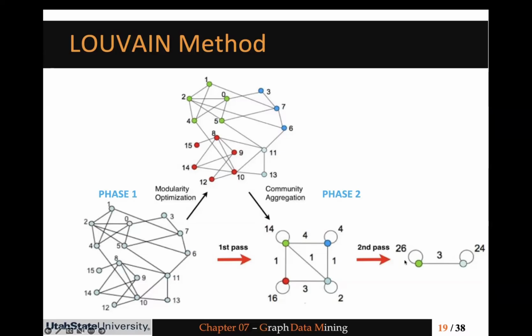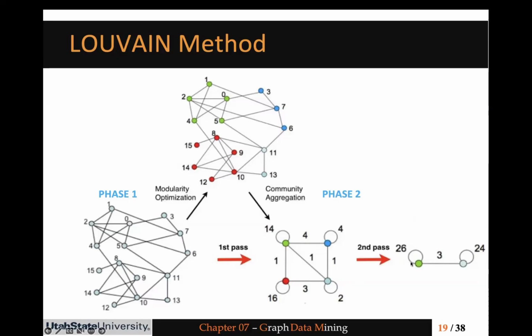If you compute the past modularity using the community aggregated graph versus the modularity of this new condensed graph after the second pass, you will find that it is a positive delta Q in this case.